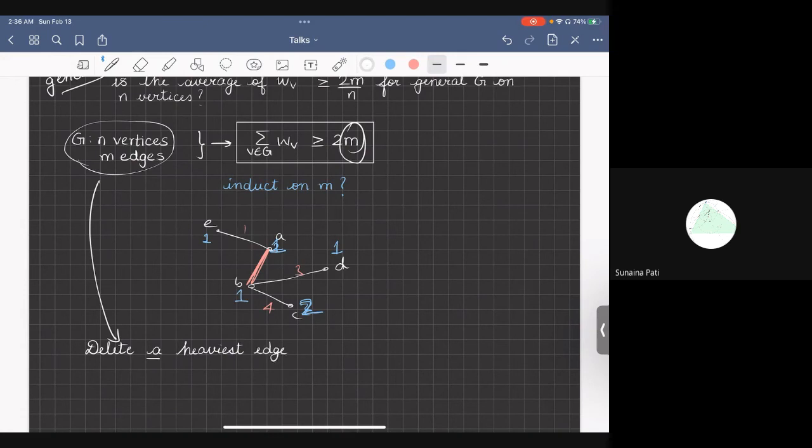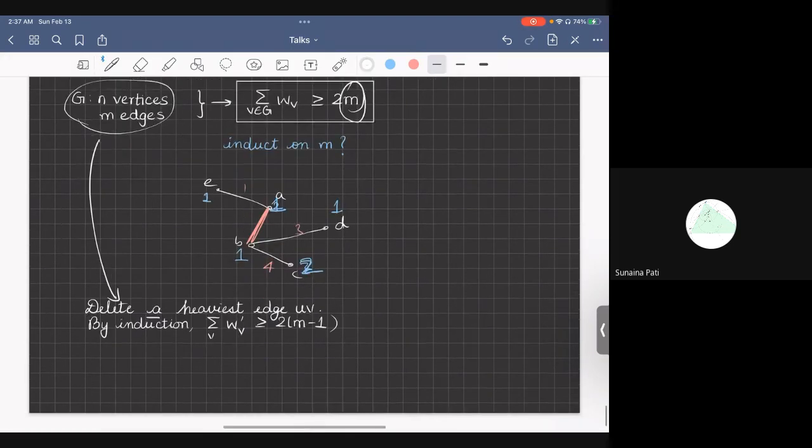Edge UV, by induction, the summation of W prime V, because I'm talking about the new graph G prime after deletion, is at least 2 times m minus 1, right?